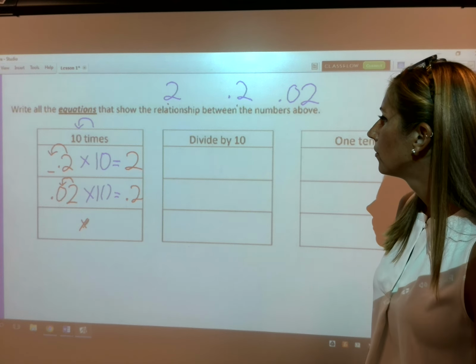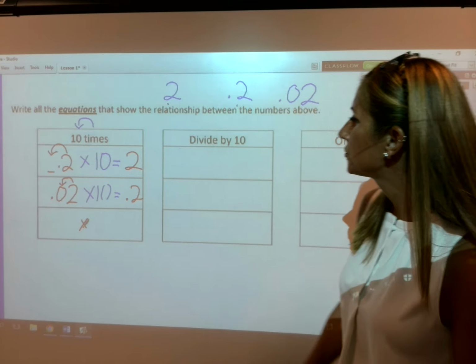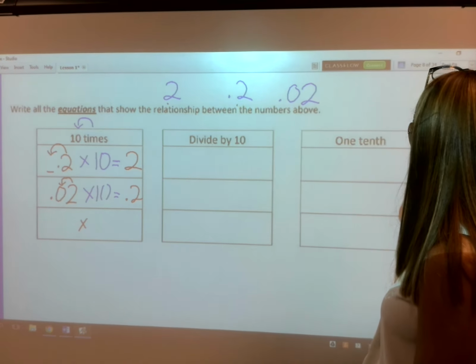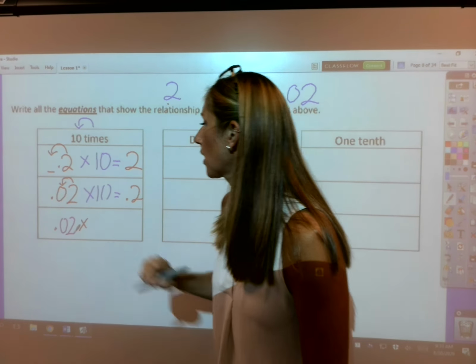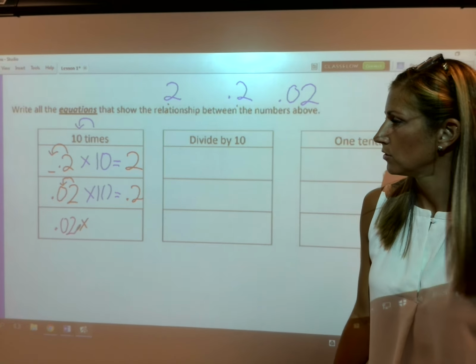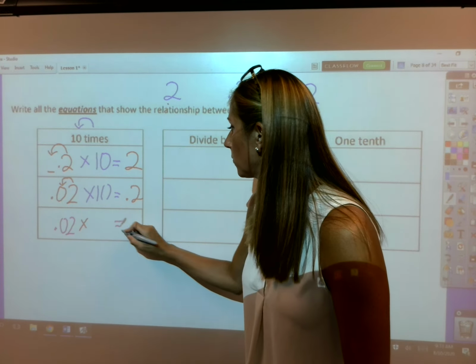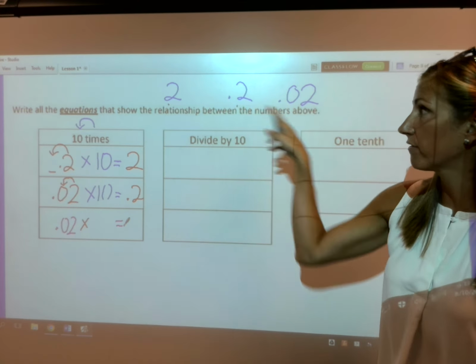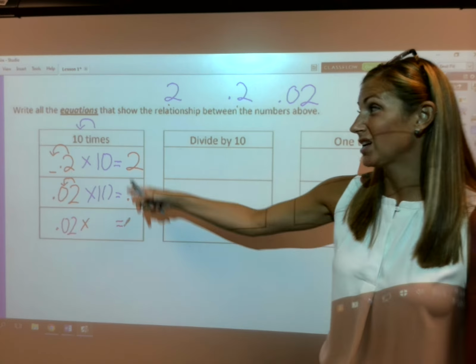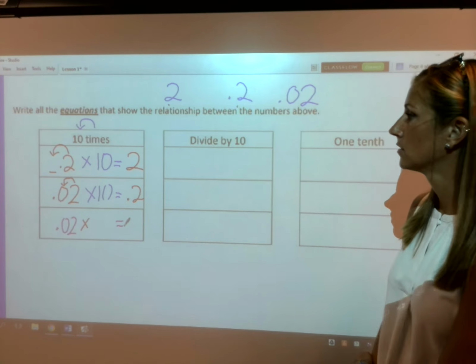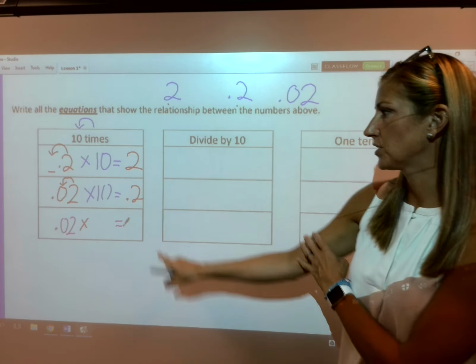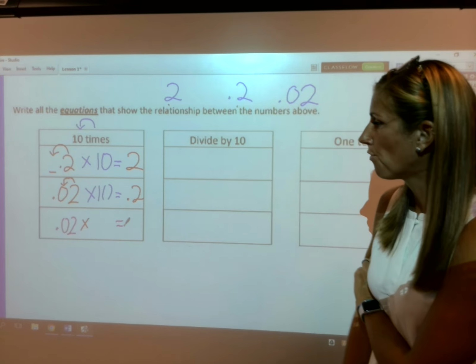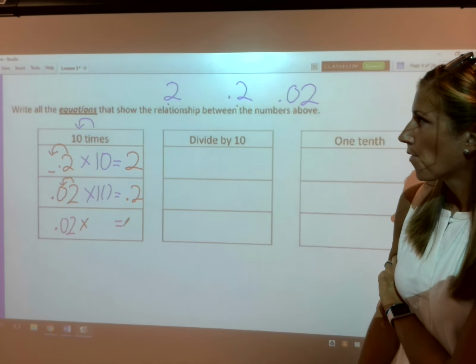What if we started with 2 hundredths again? Is there something we could do to get one of these answers, but not have the same thing again? So I can't do times 10. I would just get the same one as here.